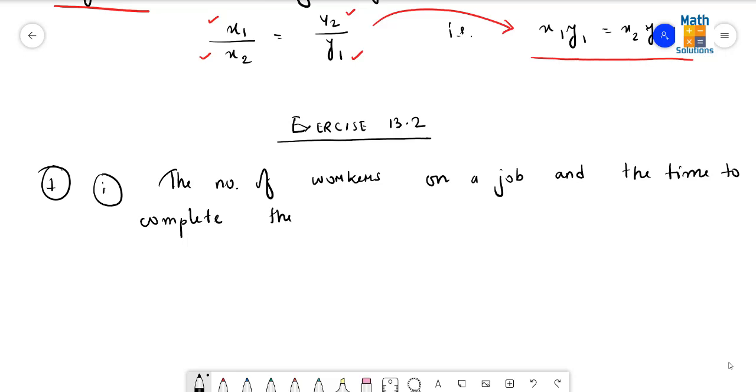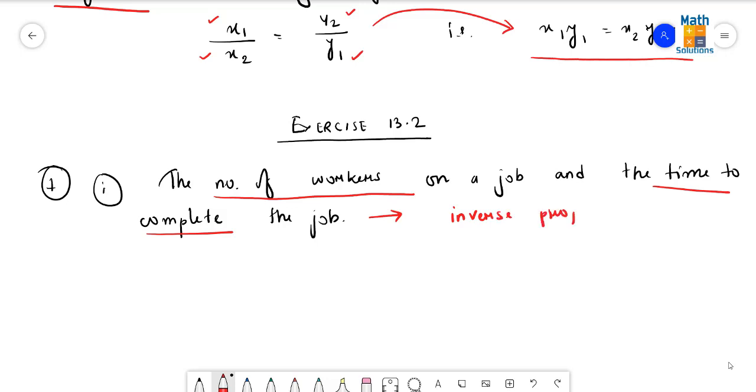In this case, when the number of workers increases, the time required will of course be less, yes or no? With a lesser number of workers to complete the job, we shall require more time. So very clearly the relation implies an inverse proportional relation.